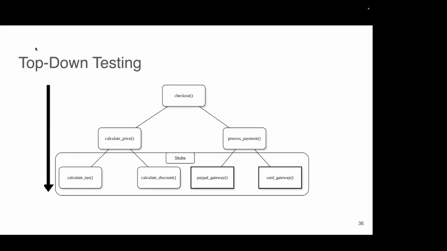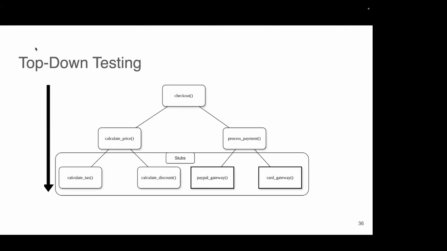And then with top-down testing, you would stub. That means you would replace all these functions with just a defined return without doing all the computation. So you can stub all of these, calculate tax, calculate discount, PayPal gateway and card gateway functions, and just make it return a single value.